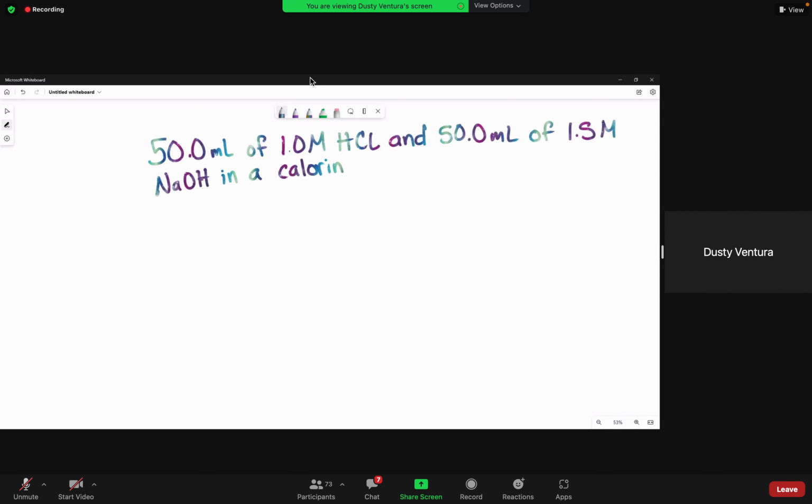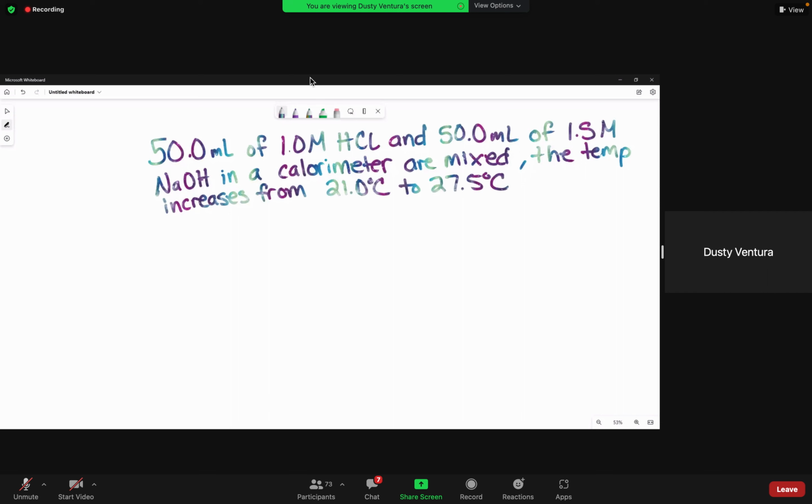They are mixed, and the temperature increases from 21.0 degrees Celsius to 27.5 degrees Celsius.